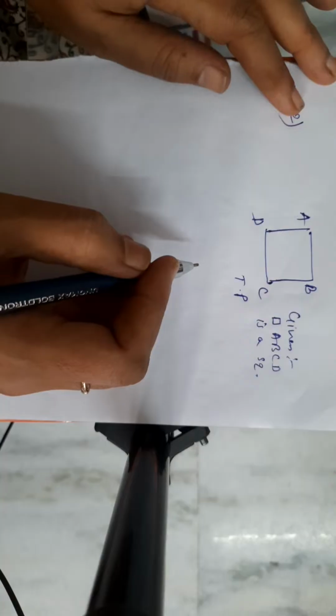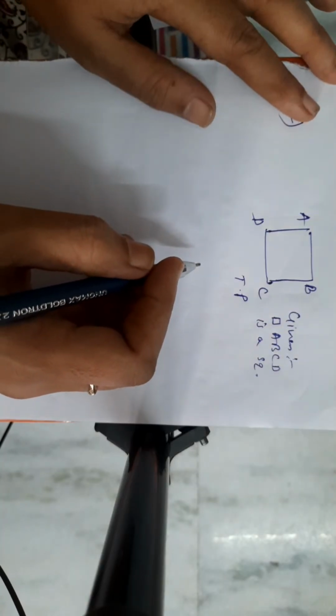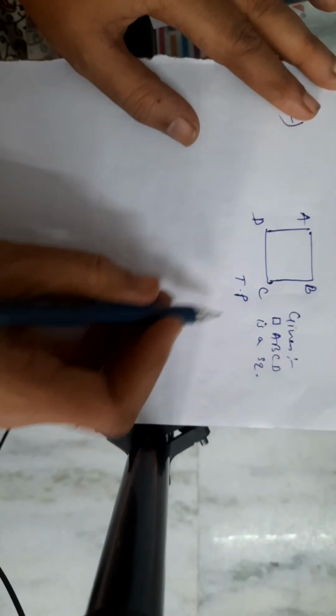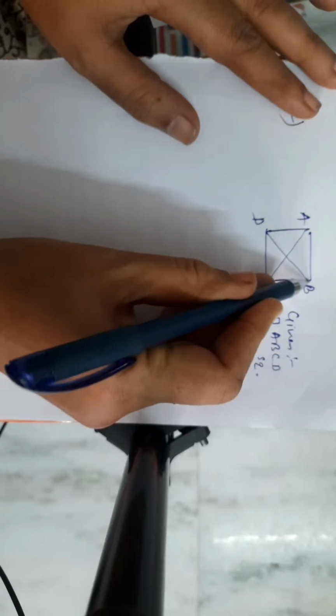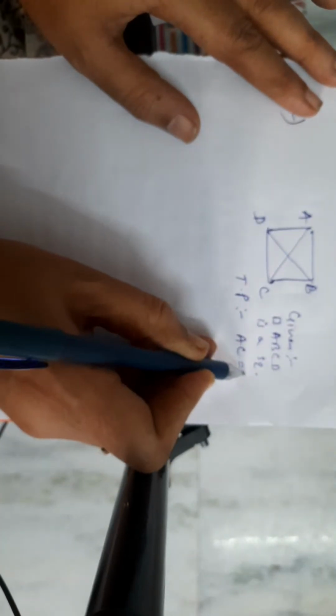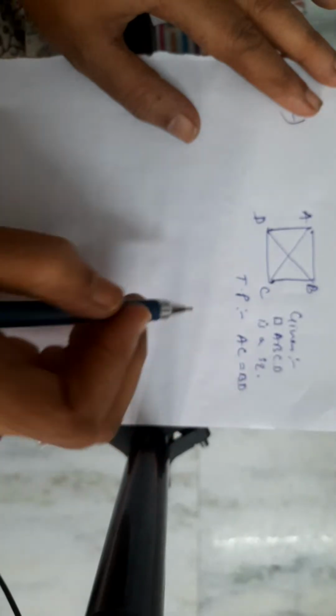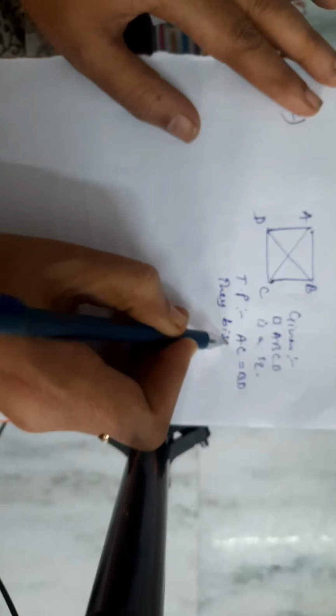We need to prove the diagonals of the square are equal and they bisect each other at right angle. The diagonals are AC and BD. In the to prove, we need to make AC equal to BD. And moreover, they bisect each other.